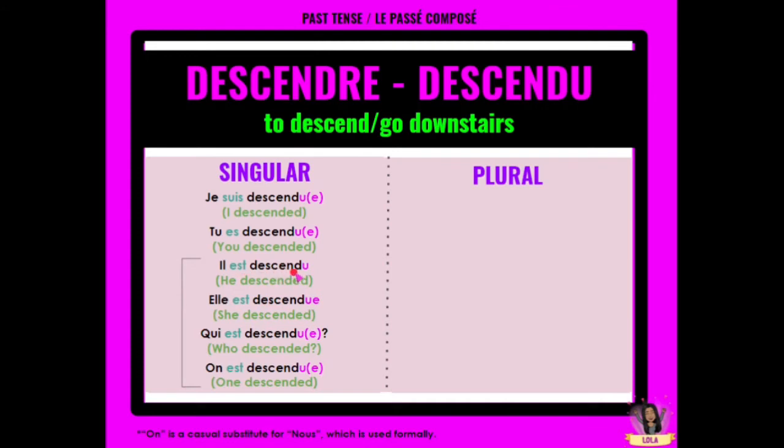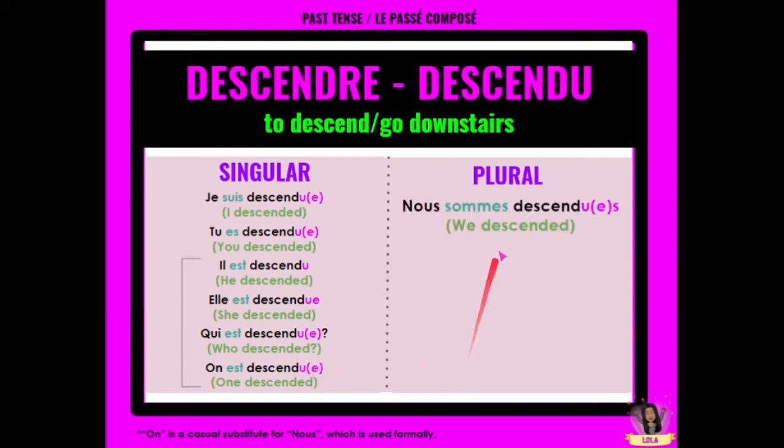Notice that il est descendu, he descended, has nothing at the end because it's singular and it's masculine. Elle est descendue has the U and the E because it means she descended. Qui est descendu, we don't know who descended. If it was a girl, we would add the E. Who descended? And on est descendu, one descended. Again, we don't know who that person is, whether it's male or female, so we have it in brackets.